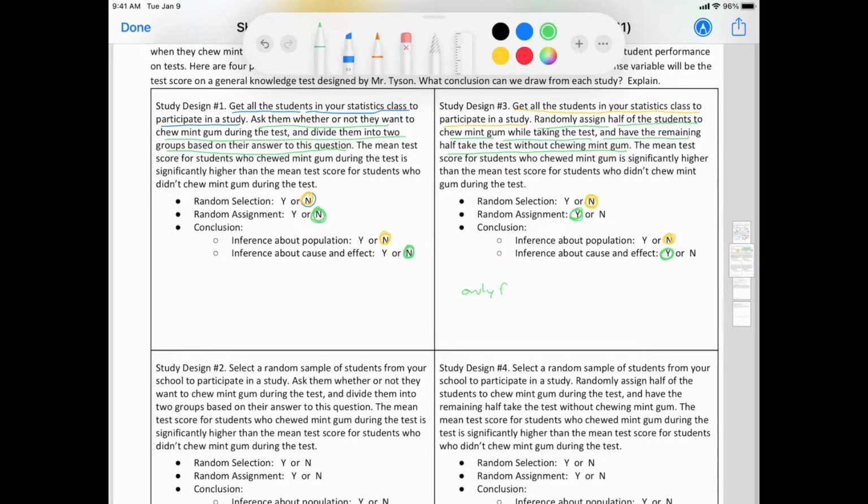I'll say only for stats students in the study. Over here, our conclusion was basically we can't say that it's the mint gum.